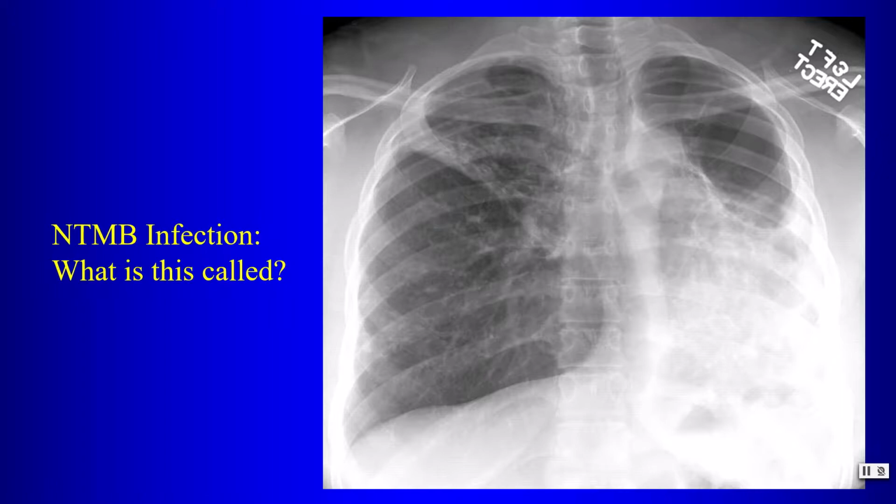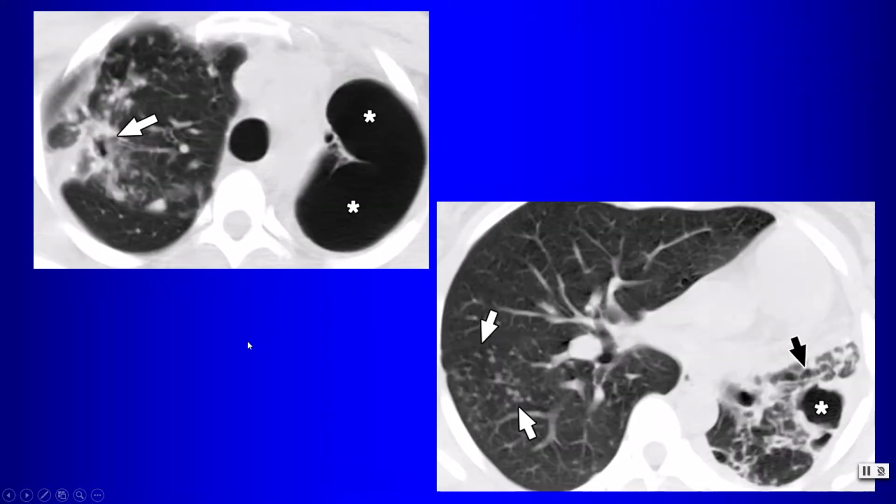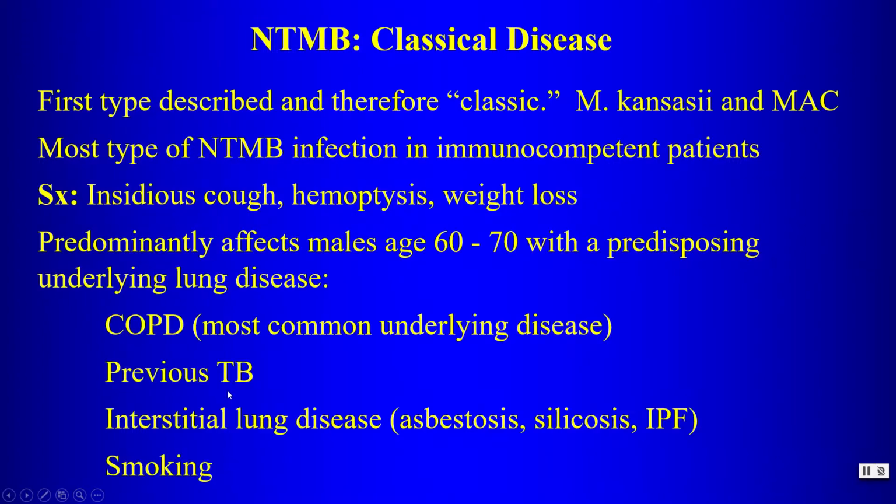So if I tell you this patient has non-tuberculous mycobacterial infection, what do we call this particular form of infection? Here, this looks like reactivation, or this looks like tuberculosis with upper lobe fibrocavitary disease. And here it is on the CT where we have this disease here, some cavitation, tree-in-bud opacities, cavitation there in the right upper lobe.